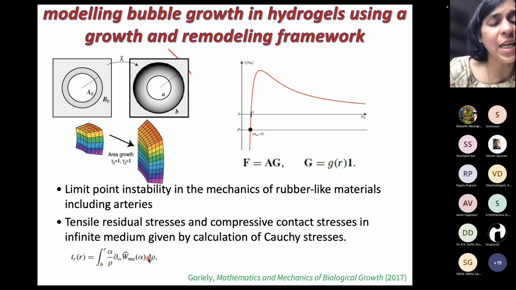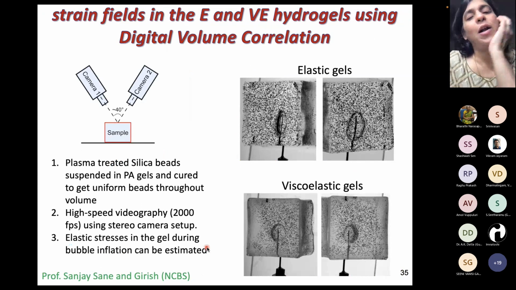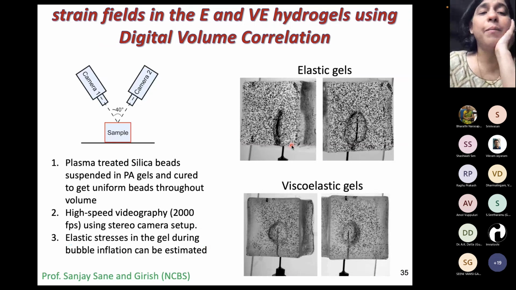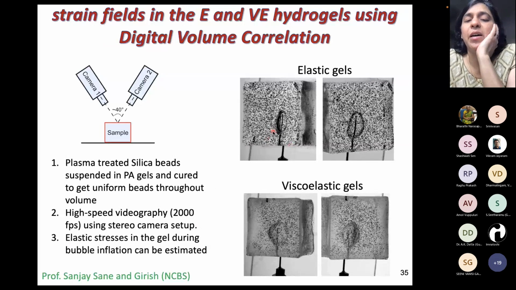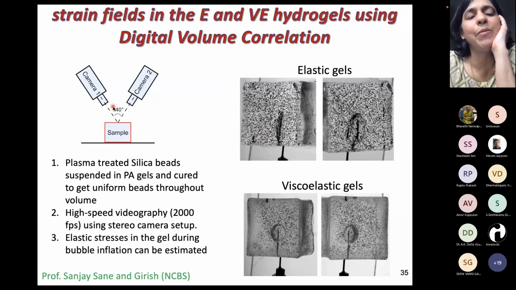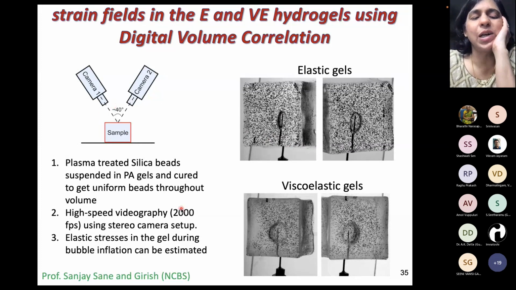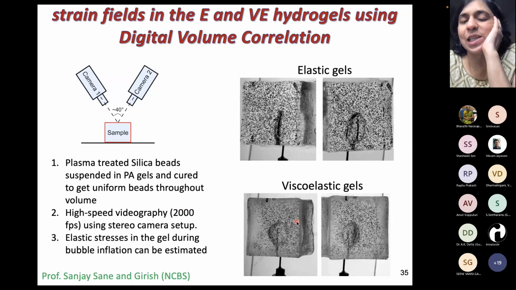The thing we are missing in this expression is again the stresses inside the material. So what we've also done is we've tried to get the strain fields ahead of the crack tip. What you see here are experiments done with two synchronized high-speed cameras. We typically use only 2000 FPS, which seems to work well for our elastic and viscoelastic gels.